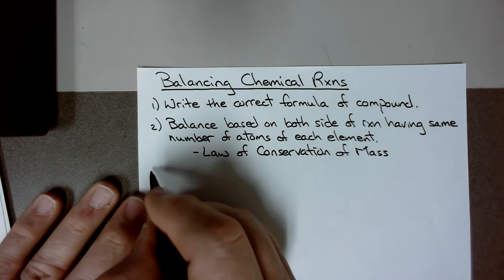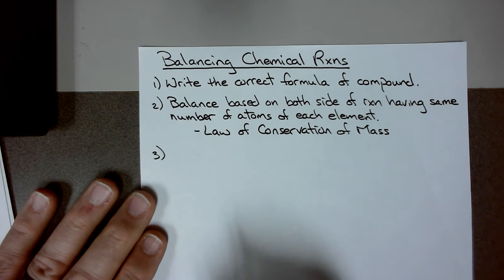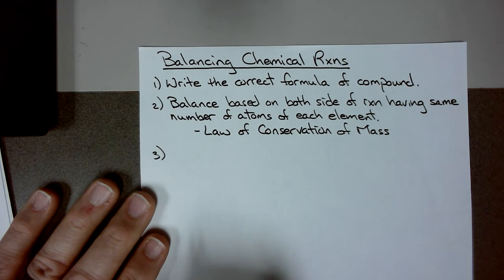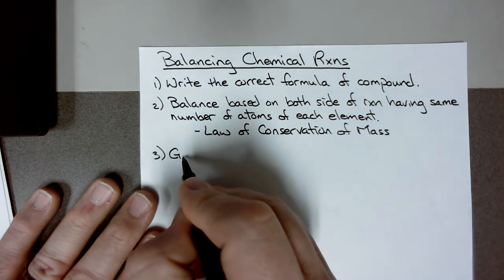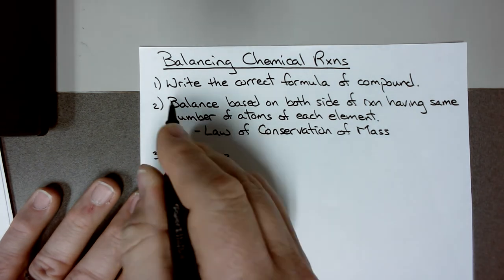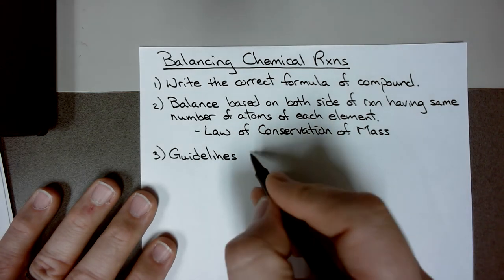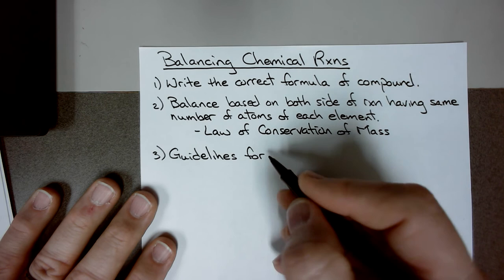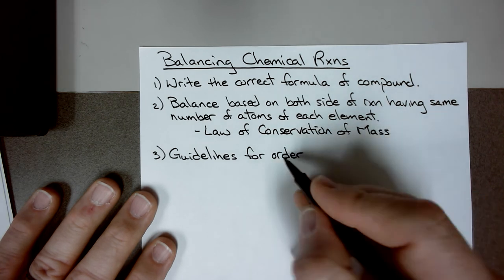Now 3 is guidelines. After several years of doing this, this is what I find to be the best and easiest way to balance chemical reactions. The first 2 you must do correctly. But these are guidelines, and they don't always stick, but they work the majority of the time, for order of balancing.